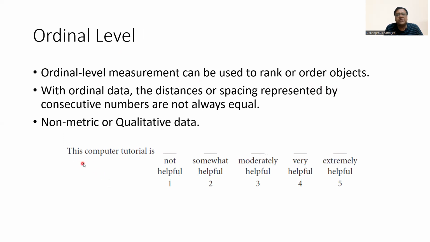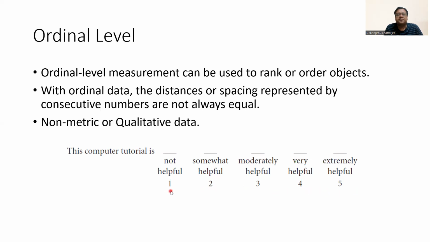So here if you see, this computer tutorial is not helpful, somewhat helpful, moderately helpful, very helpful, extremely helpful. And you can represent this text with these numbers 1, 2, 3, 4, 5 like this.